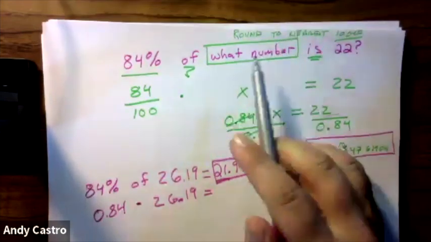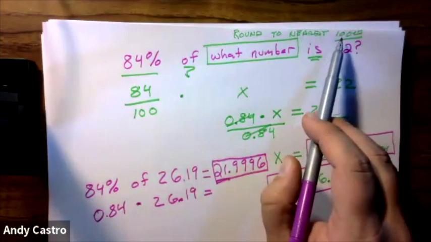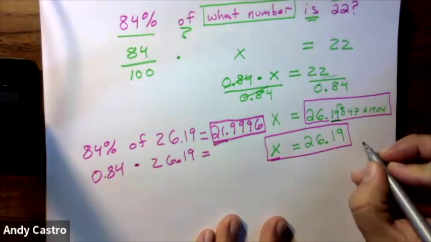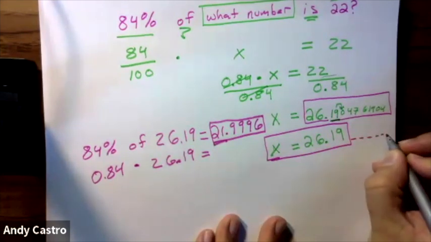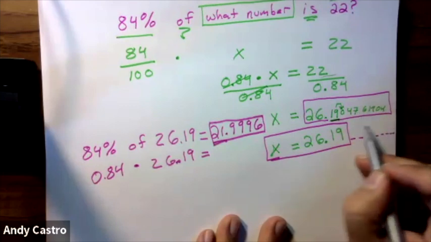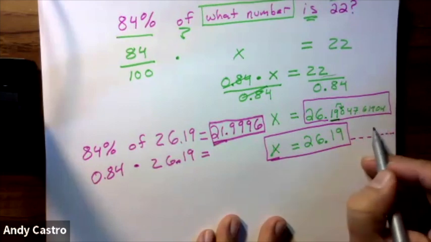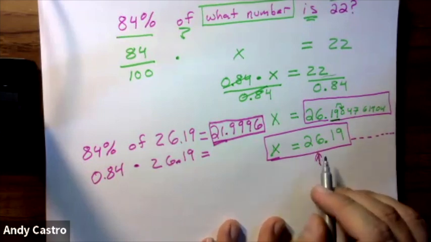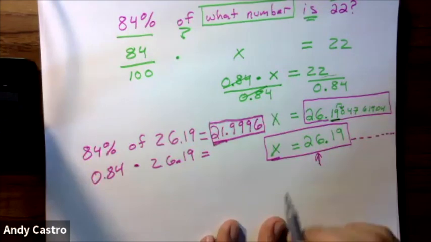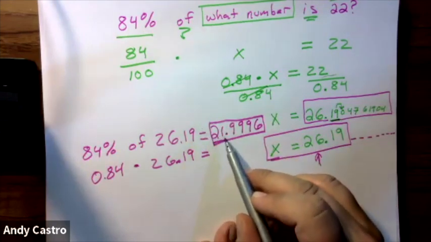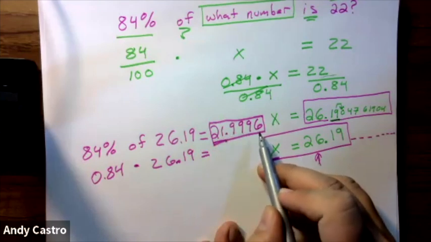We rounded to the nearest 100th, which means as soon as we rounded, we lost all of these other decimal places. They all have numbers. And because we lost that, this number here became slightly less accurate. And so when we plugged it back in, you'll notice that 21.9996 is very close to 22.